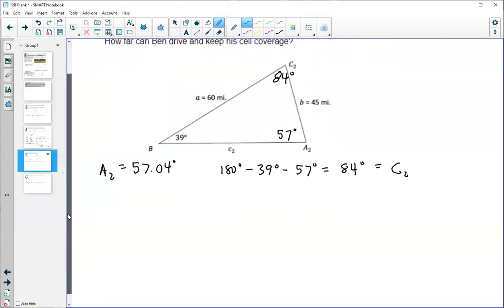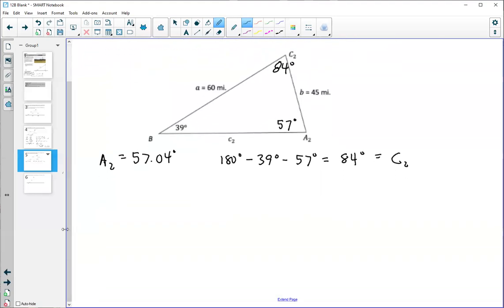Let me scroll down here, make some more room. We could take B over sine B, that's equal to C sub 2 over sine of 84 degrees.